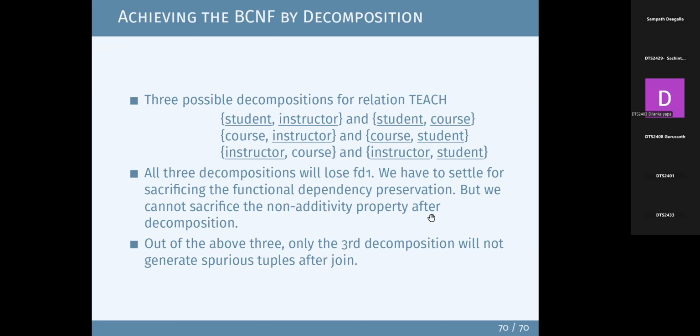All three decompositions will lose, so we have to settle for sacrificing functional dependency preservation. But we cannot sacrifice the non-additivity property of decomposition. So out of these, therefore, we have to select the last one. So you have to decompose the previous one as instructor-course and instructor-student, right? So this is what we call the Boyce-Codd normal form.